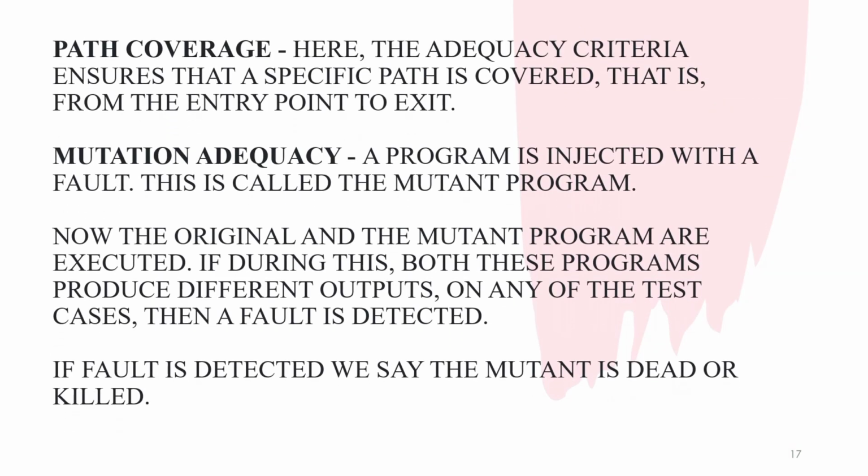Here the adequacy criteria ensures that a specific path is covered, that is, from the entry point to exit. Mutation adequacy. A program is injected with a fault. This is called the mutant program. Now the original and the mutant program are executed. If during this, both these programs produce different outputs on any of the test cases, then a fault is detected. If a fault is detected, we say the mutant is dead or killed.